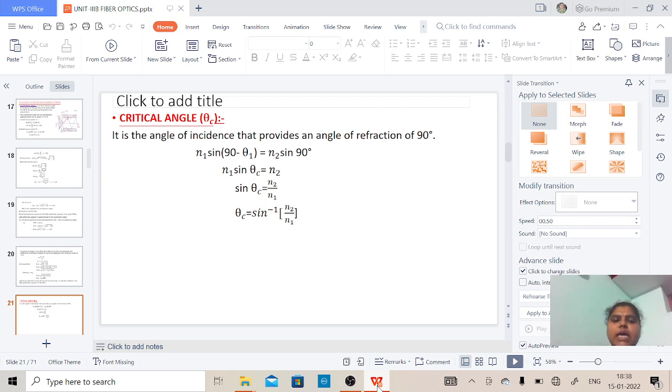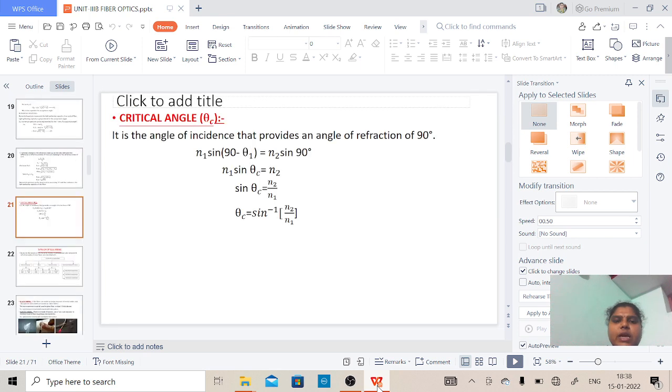So n1 sine (90 minus theta 1) equals n2 sine 90. Here 90 minus theta 1 becomes theta c. So sine theta c equals n2 by n1, and theta c becomes sine inverse of n2 by n1.